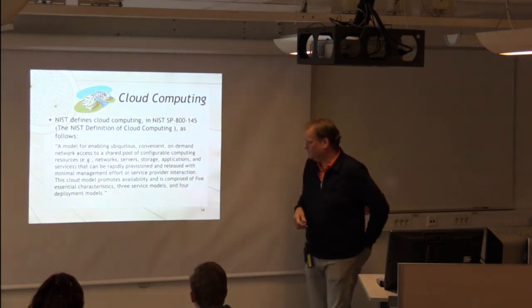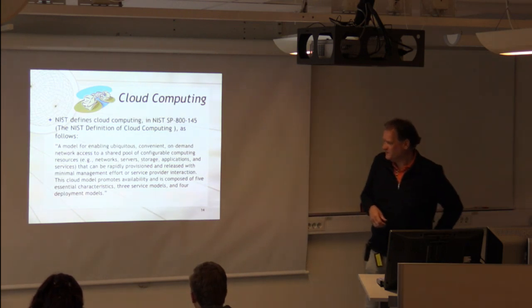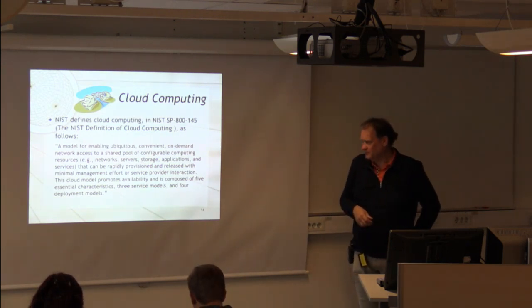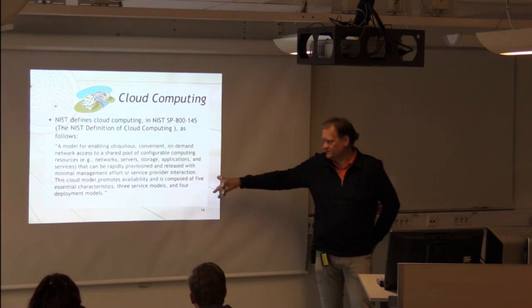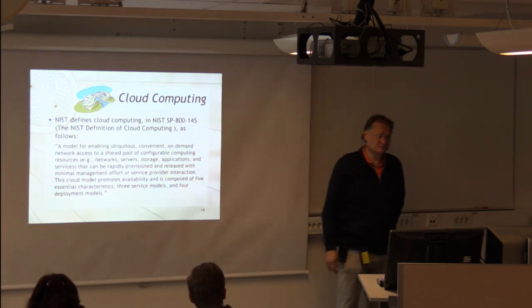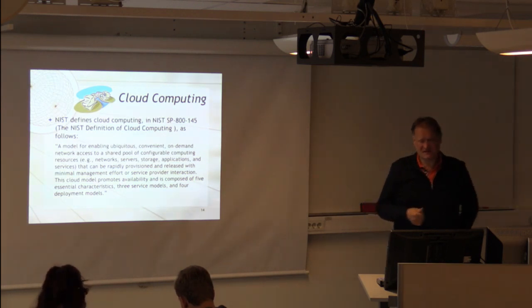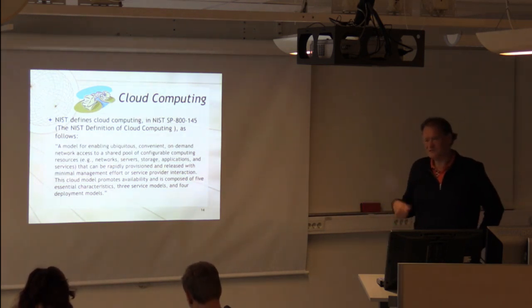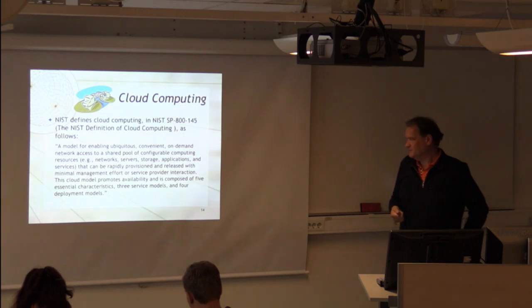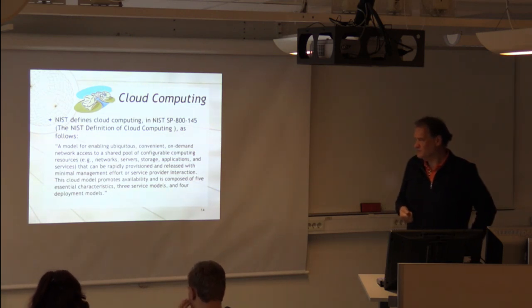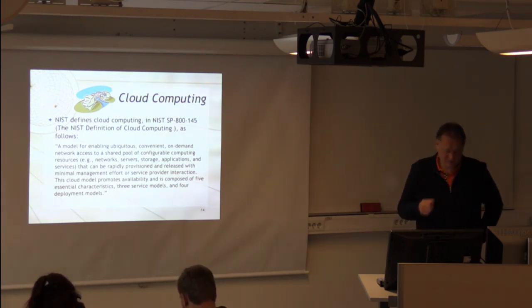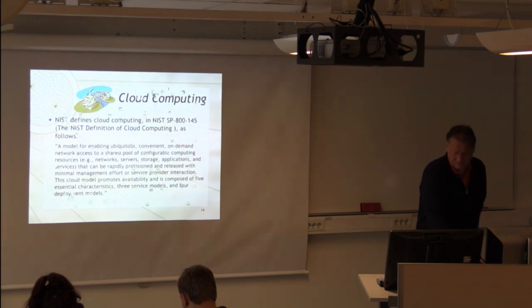Promotes availability, composed of 5 essential characteristics, 3 service models and 4 deployment models. Well, this was the initial definition. As we see, that has been extended, so there are more service models and deployment models today. But we'll start from there.